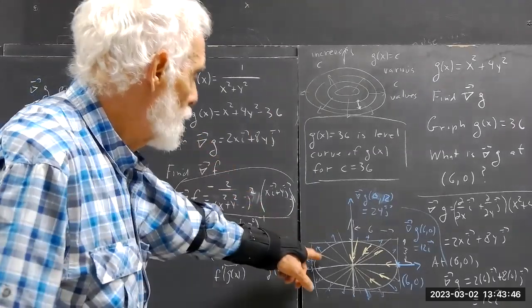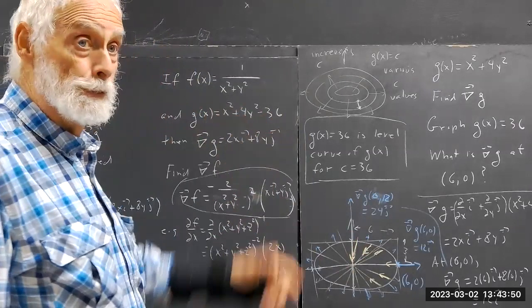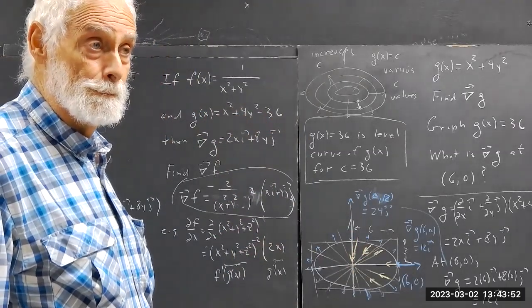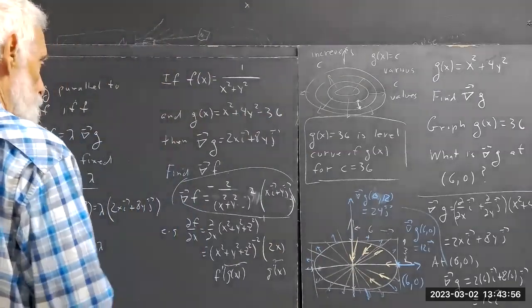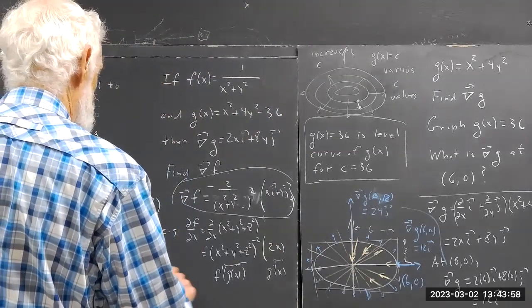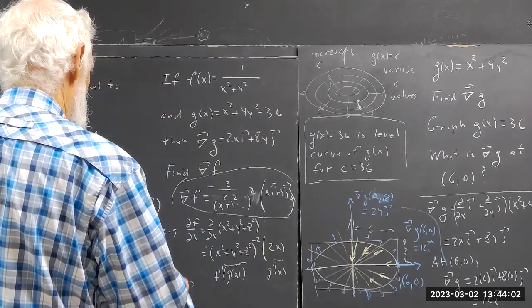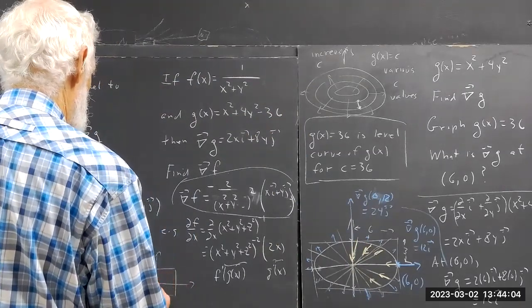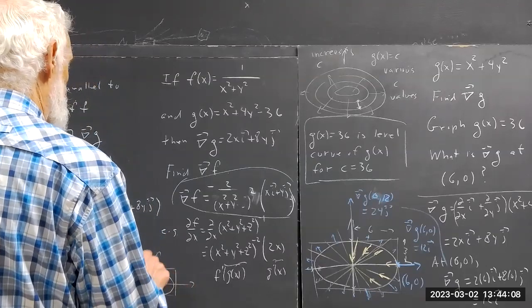Then this curve becomes the curve g of x equals 0.